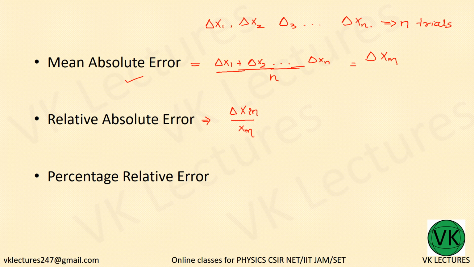Delta xm is the mean absolute error, and the relative absolute error is delta xm divided by xm. Now here comes the relative percentage error. That is the relative absolute error multiplied by 100, that is delta xm by xm, the mean value, times 100. This will be in terms of percentage.